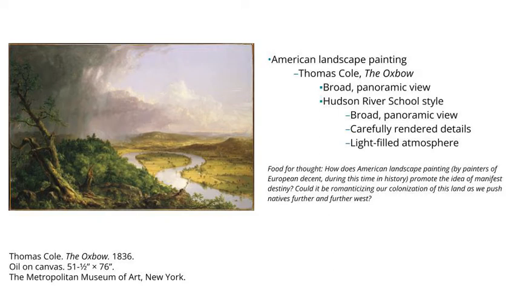This style can be characterized by a broad panoramic view, like I just said, but also carefully rendered details and a very light-filled atmosphere. So you can see the huge contrast between the light, sunny, cloudy area of the great plain over the river, and then this dark rain cloud in the corner.